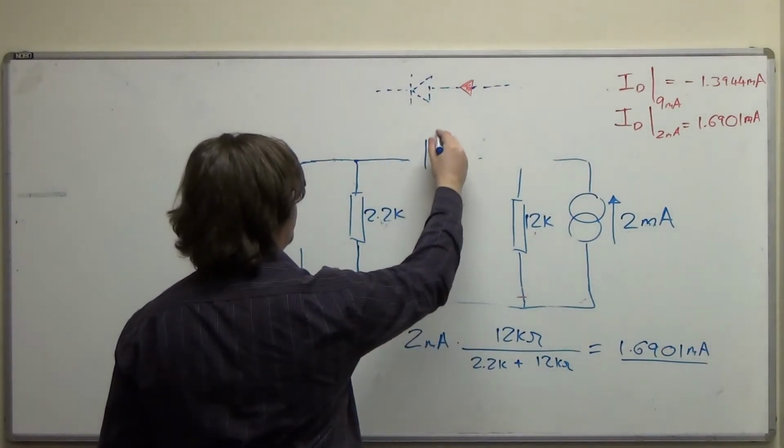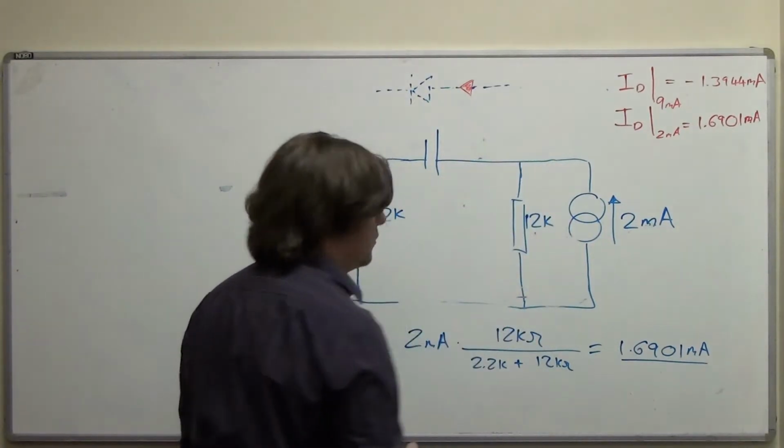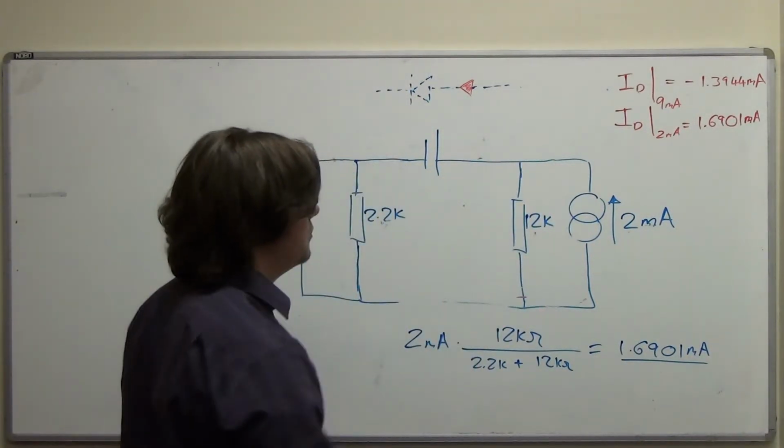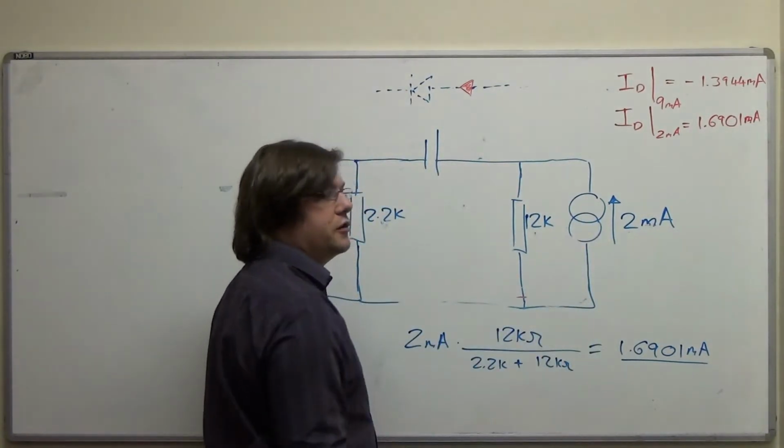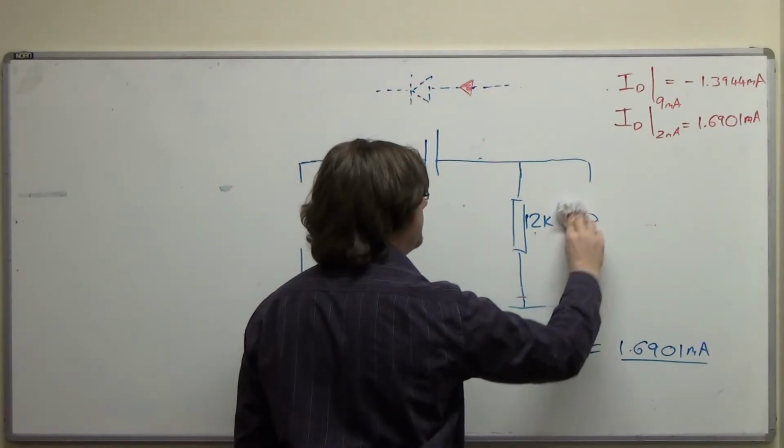We'll put in our voltage source, and this current source needs to go away as well, because we're going to switch it off, and that means it'll go open circuit because its internal impedance is infinite.